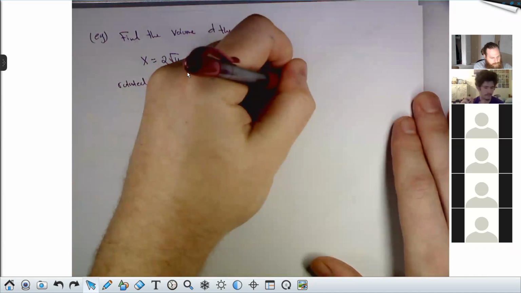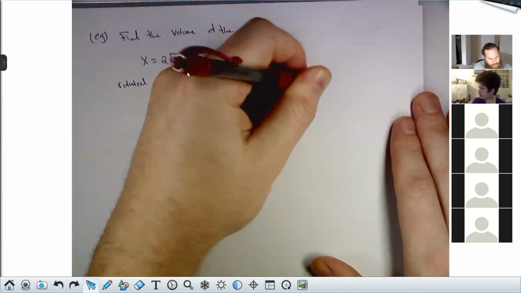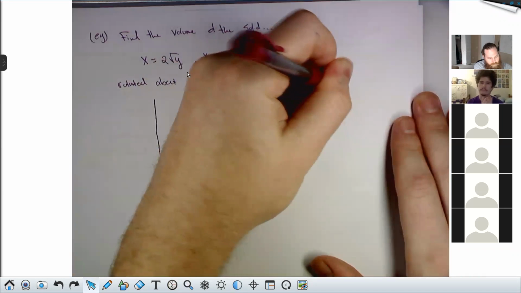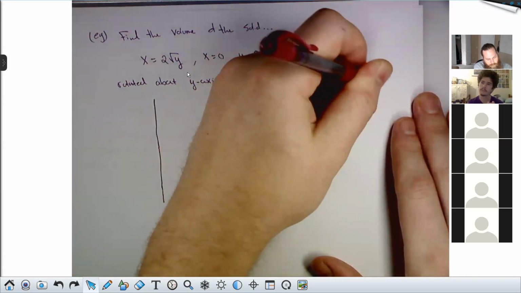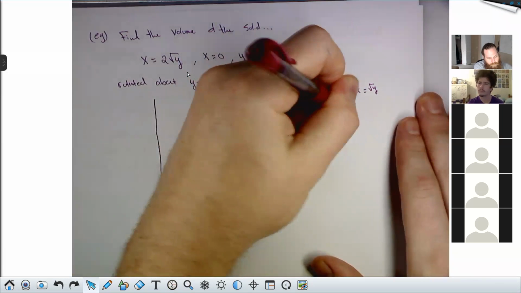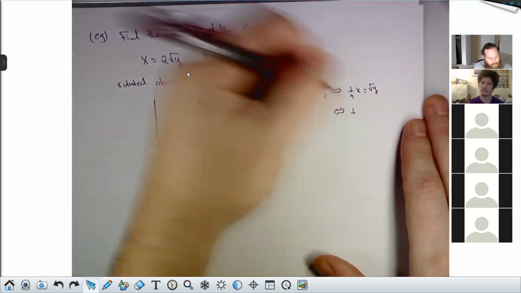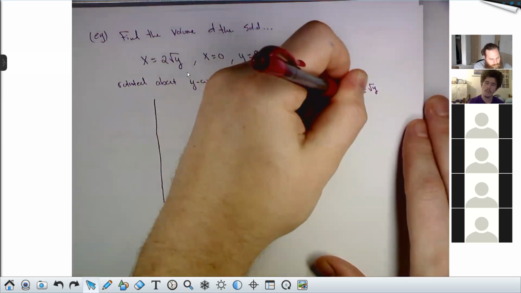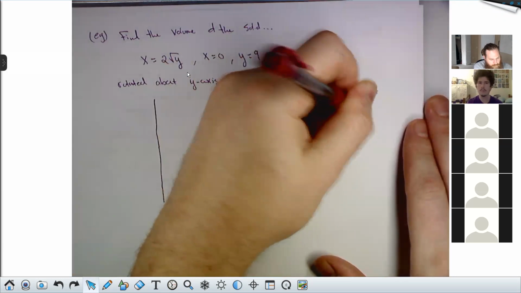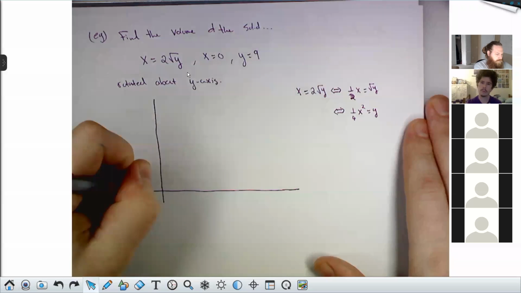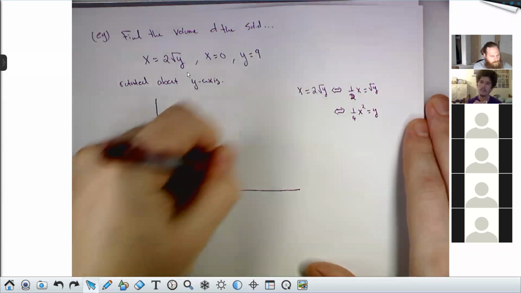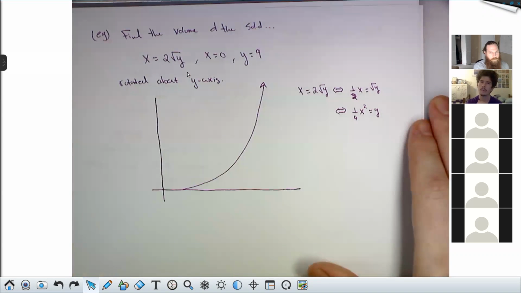So x equals 2 square roots of y is the same as saying 1/2 x equals the square root of y, which is the same as saying 1/4 x squared equals y. So it's just this part of that parabola y equals 1/4 x squared, just the part with positive x values.